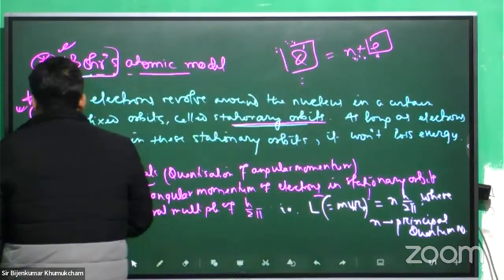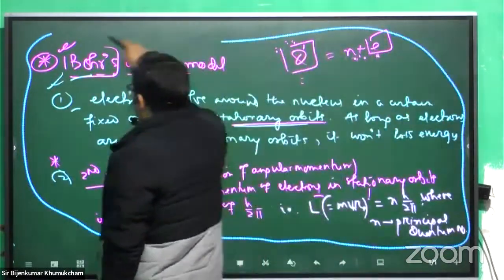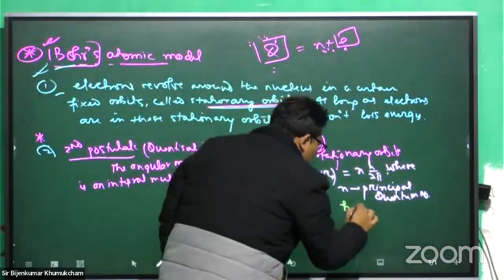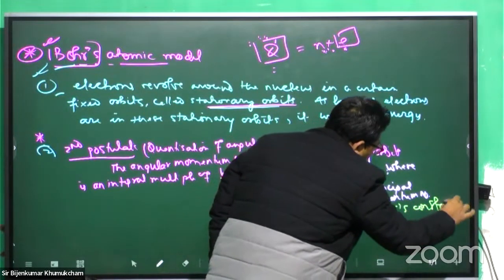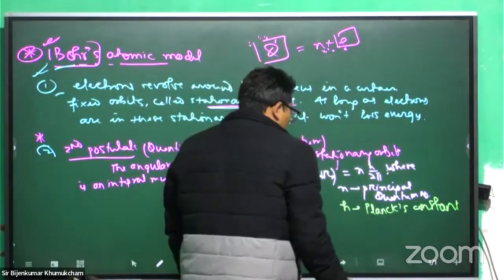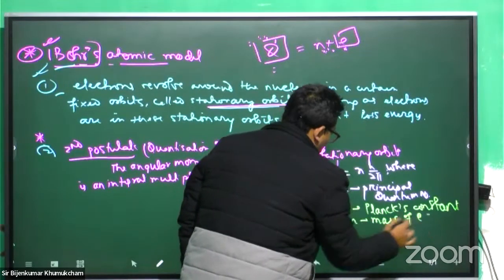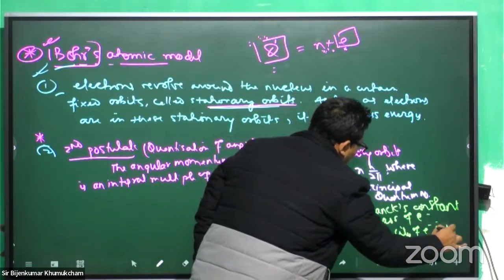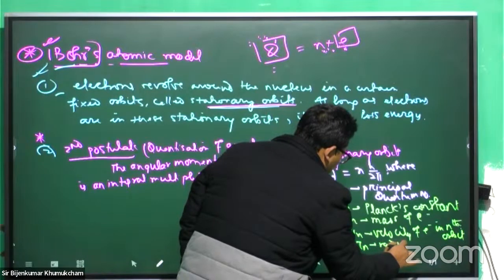Planck's constant. m is the mass of the electron, v n is the velocity of the electron in the nth orbit, and r n is the radius of the nth orbit.